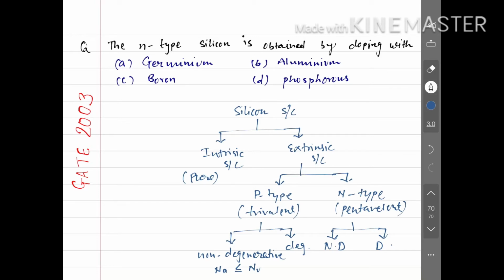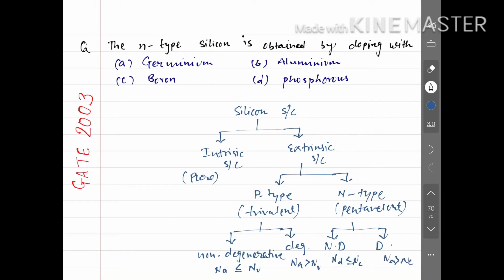Similarly, degenerative is when Na is greater than Nv, that means doping is very, very high compared to the charge density. For n-type, non-degenerative means your doping is less than or equal to Nc, the charge density of states for n-type material, and degenerative is when Nd is greater than Nc.